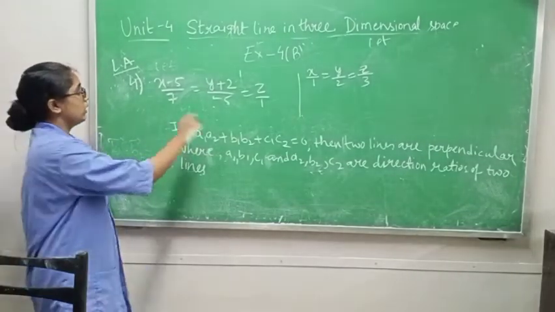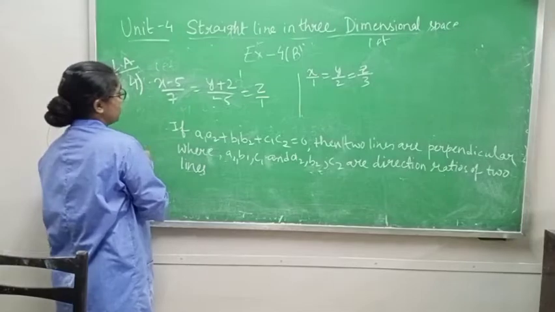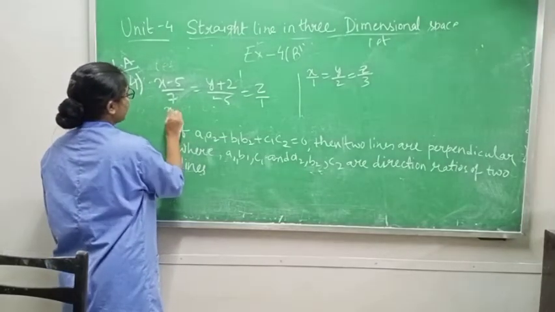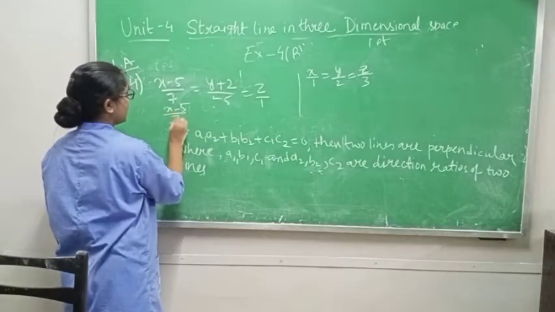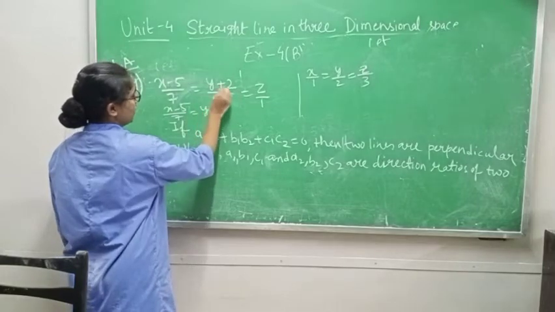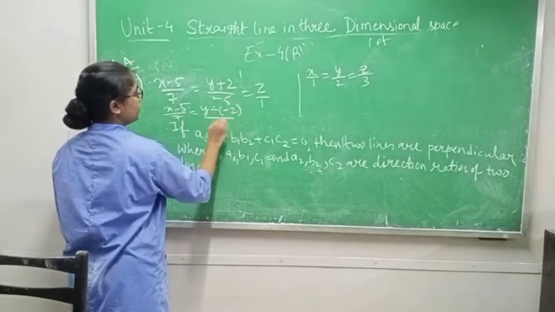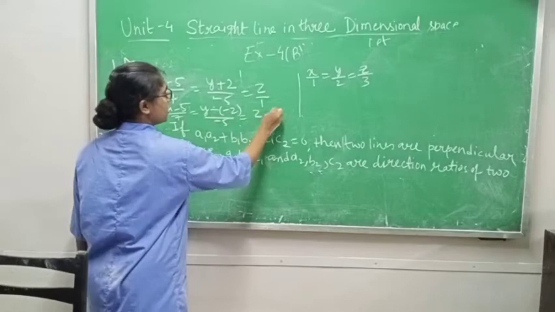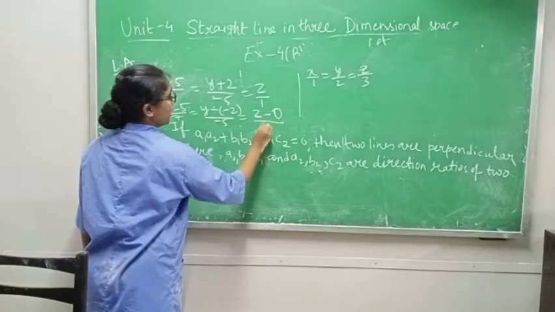So how will I do this one? X minus 5 by 7, convert this one: y plus 2 by minus 5, which is y minus minus 2 by minus 5, and here we have nothing, it is z minus 0 by 1.